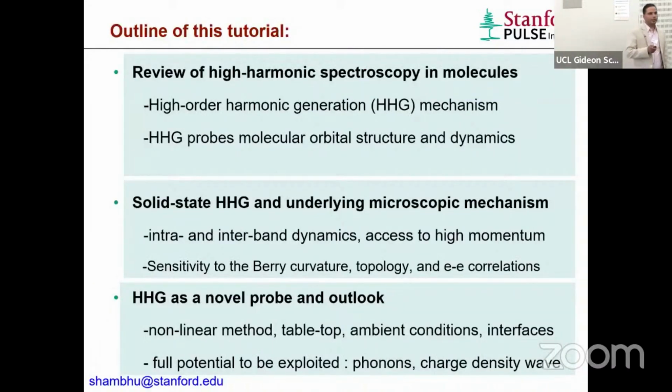Okay, here's the outline of my talk. I will take advantage of the nice lecture that we had on the evening of yesterday. Mark did really nicely on introducing attoscience, particularly high harmonic generation in atomic and molecular systems. I will start from there, just briefly remind you of some of those aspects, and the main part of my tutorial is to introduce you to solid state high harmonic generation.